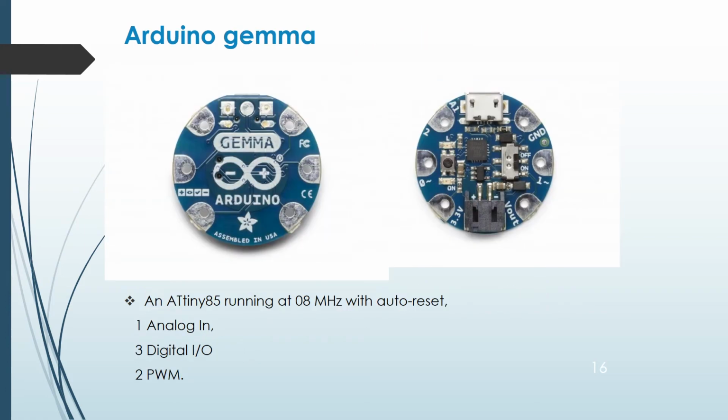Nextly, we could see Arduino Gemma. Here it is an ATtiny85, which is running at 8 MHz with auto reset facility. It has only one analog input, three digital input output, and two PWM.